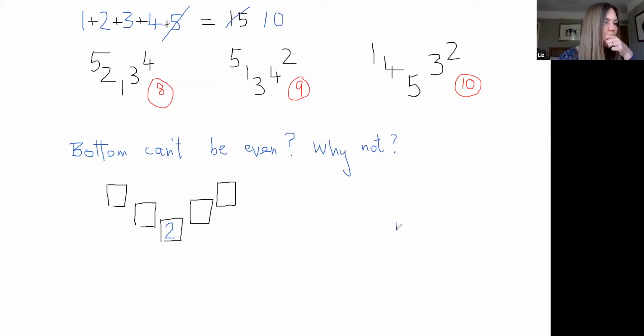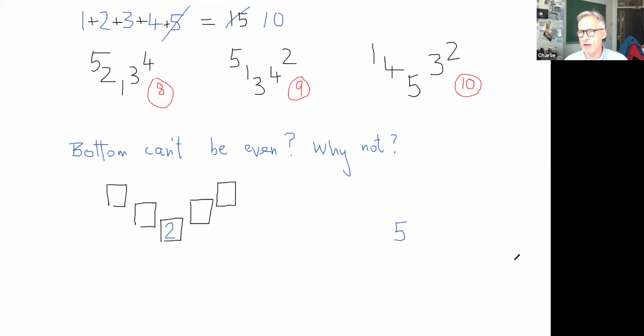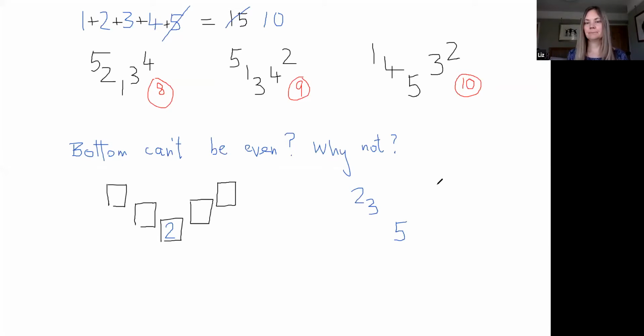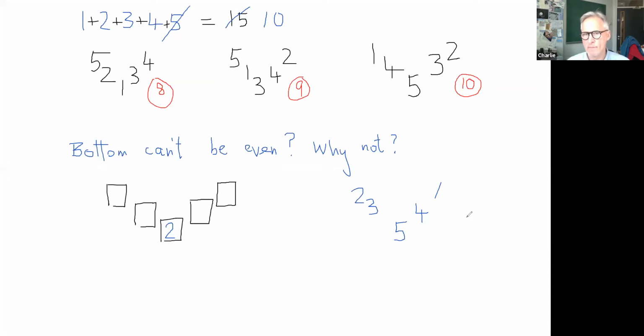So I've got 10 left, and I can share 10 evenly between 2. I know I've got to find 2 numbers from 1 to 5 on one side and 2 numbers on the other, and it doesn't matter which order I put them in. I think that's a really nice way of explaining why we can't put an even number at the bottom.